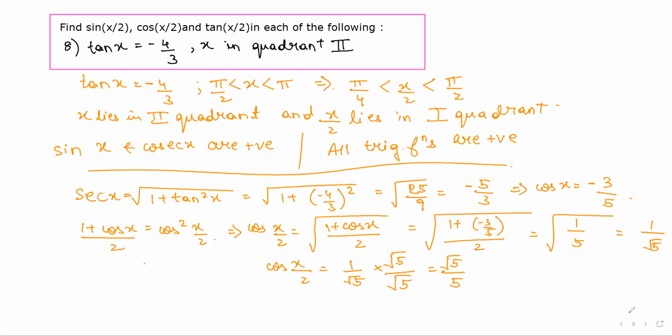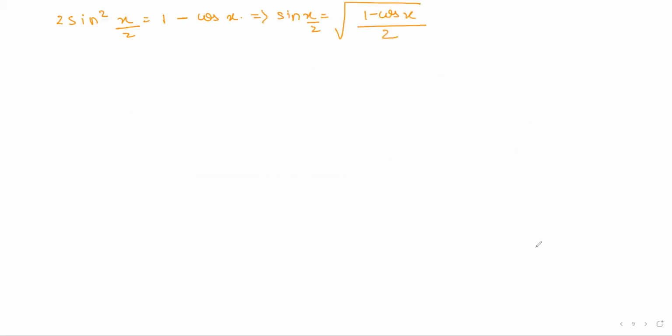All you have to do is substitute the value of cos x. Cos x is minus 3 upon 5. This is root of 1 minus minus 3 upon 5, so it is addition, upon 2. This will be equal to root of (5 plus 3) upon 5, 8 upon 10, which is 4 upon 5, root of 4 upon 5.